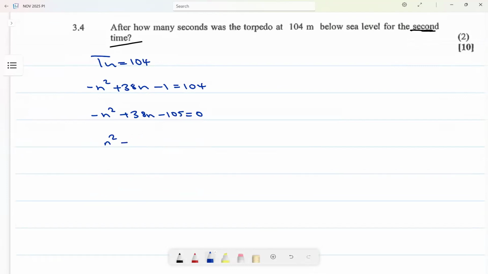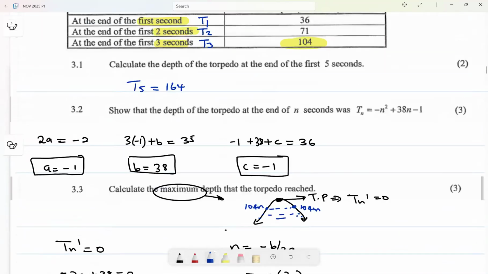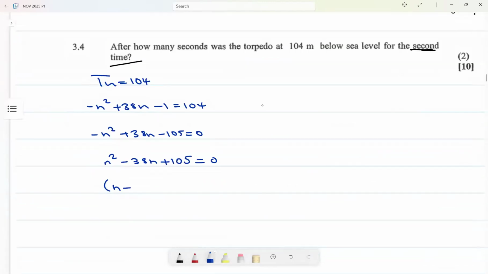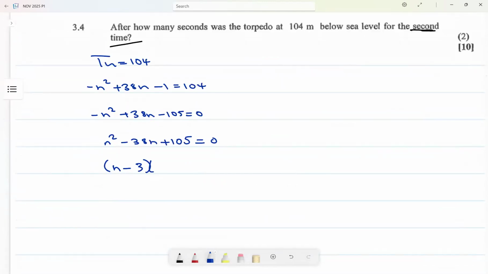When I do that, I get n squared minus 38n plus 105 equal to 0. 105 divided by 3 is 35. I know the first factor for sure, it should be 3, because when n was 3 seconds, it was 104. So n minus 3 should be a factor, and the other factor should be n minus 35. And then n is equal to 3, or n is equal to 35.